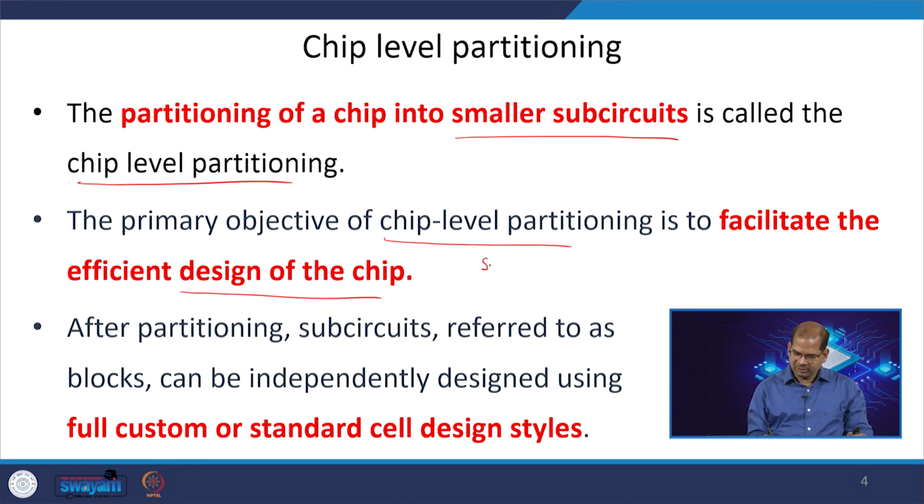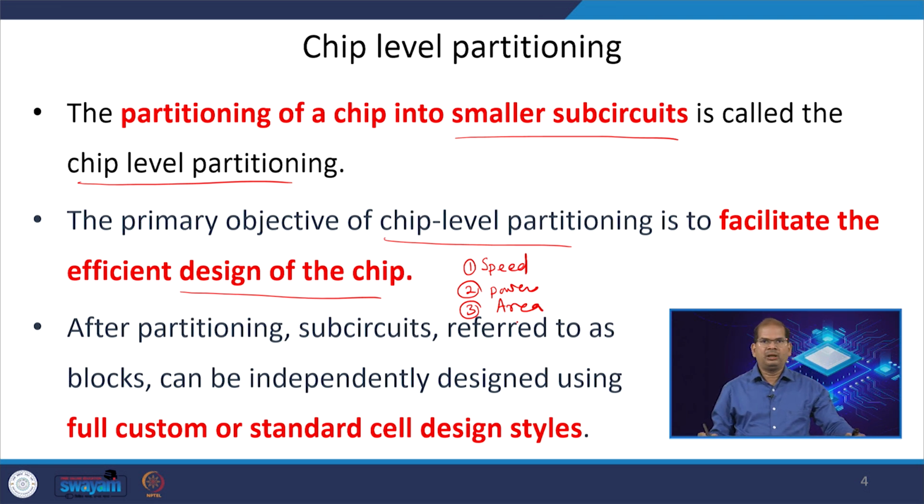The speed should be improved, then power should be minimum and area should be optimized. So, all these angles, speed, power and area, we need to optimize our design inside the chip using chip level partitioning.